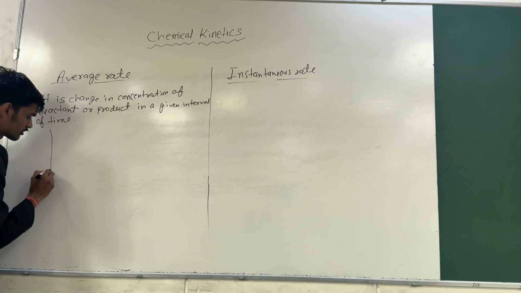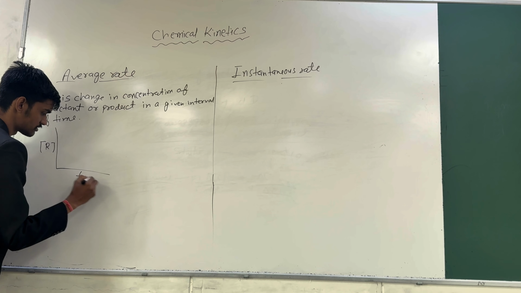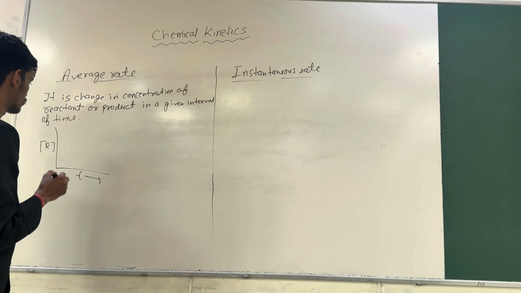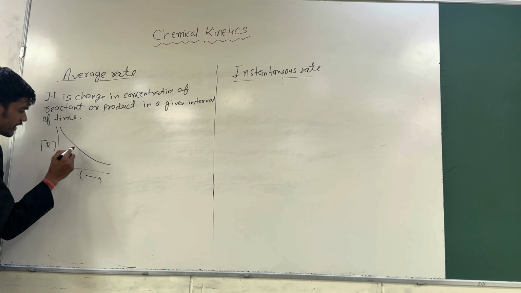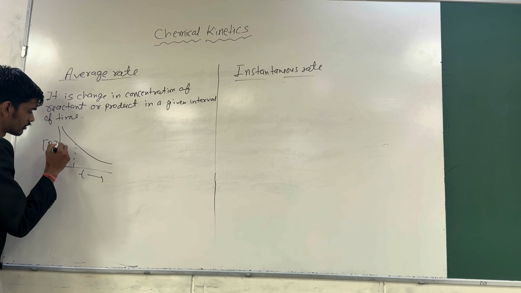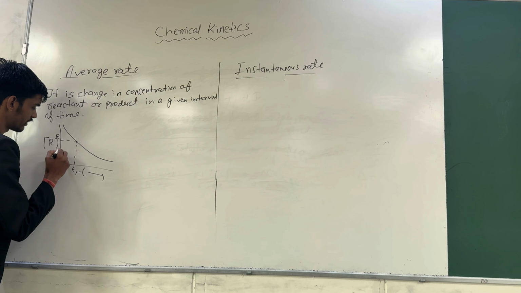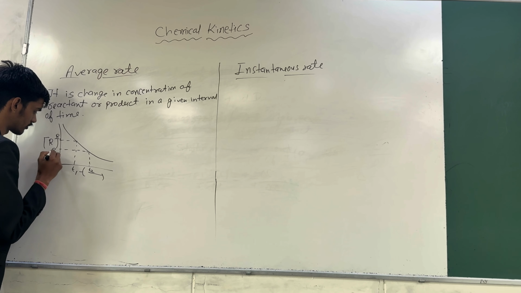If I talk about the reactant versus time graph, since the concentration of reactant decreases with time, it will look like this. Let us suppose at time t1 the concentration is R1 and at time t2 it is R2.